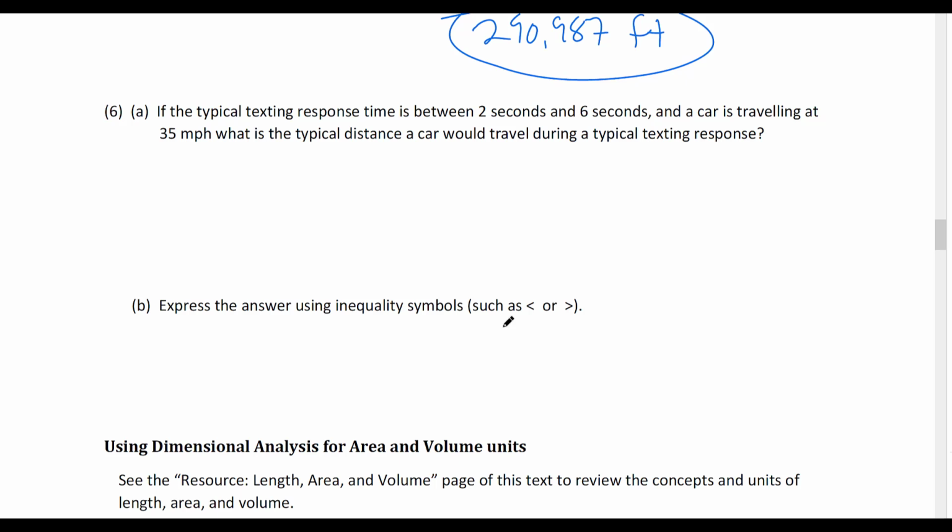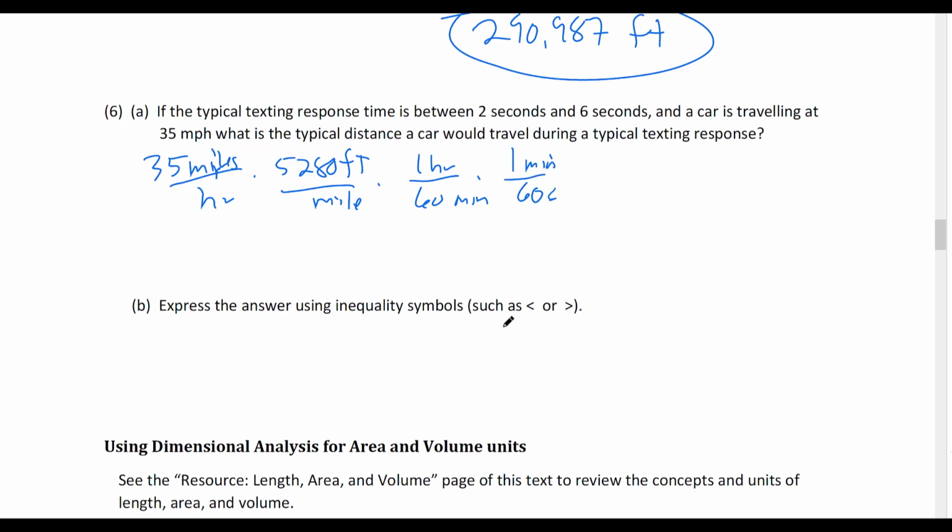Okay, so we would look at 35 miles per hour times 5,280 feet per mile times 1 hour per 60 minutes times 1 minute per 60 seconds. Then we'll do it times 2 seconds. They'll do the same thing.